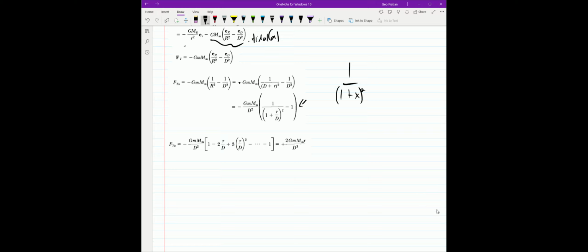And that resolves us a much simpler equation where we see a cubic, or 1 over d cubed, dependence.